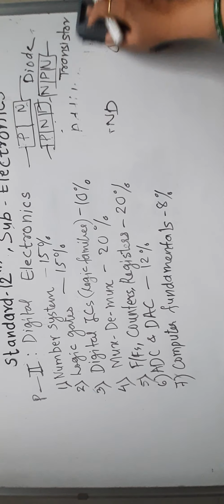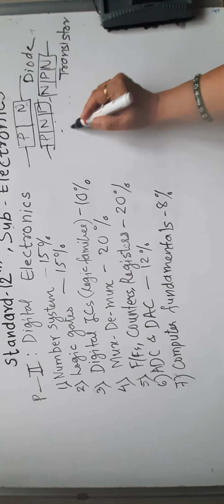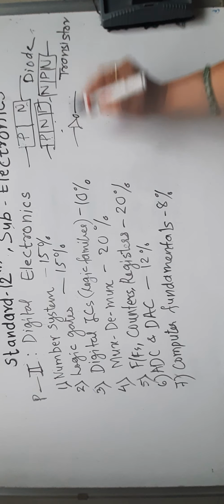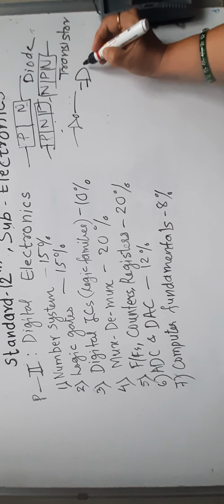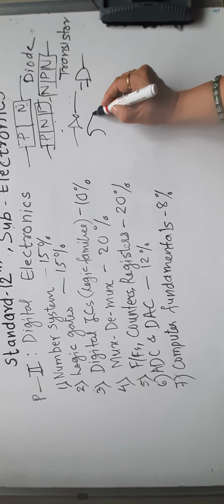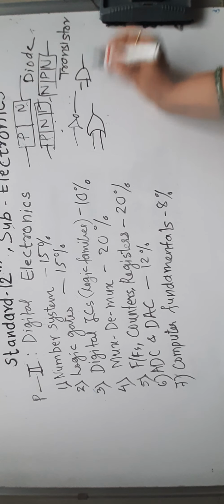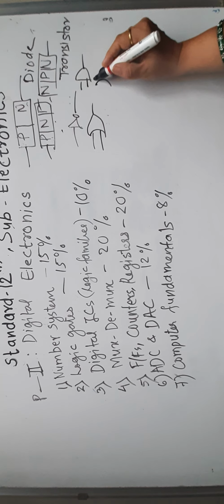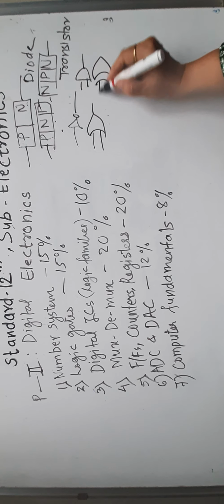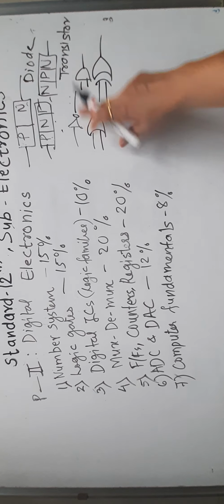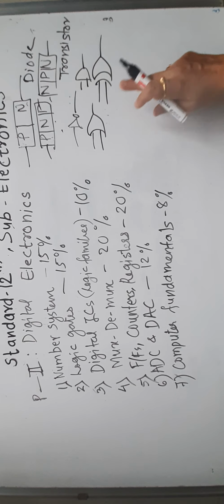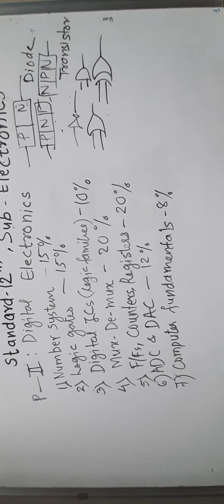The symbols for gates are like this: NOT gate is like this, AND gate is like this, and one more gate is there, the OR gate, like this. As I told you, for addition an XOR gate is used, and XOR gate is like this. We will see these gates in the second chapter, which is logic gates.